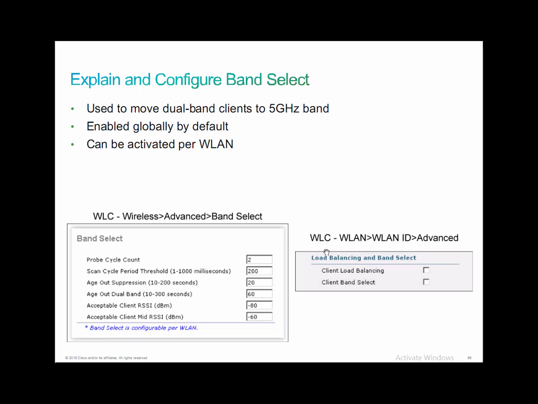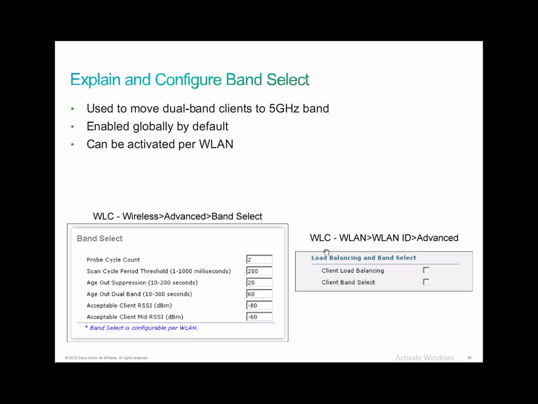And then client RSSI. This particular setting allows the filtering out of clients that have low signal strength. We're excluding them from the band select feature. So in this particular case, anything at minus 80 dBm is going to get excluded.